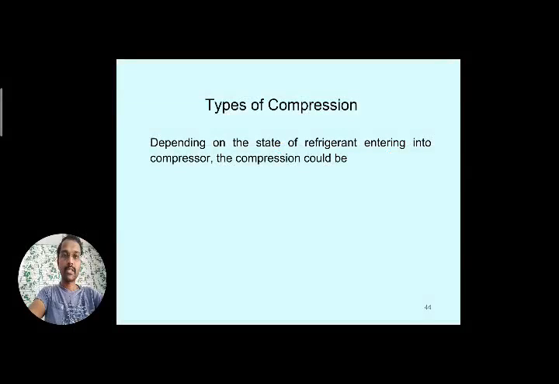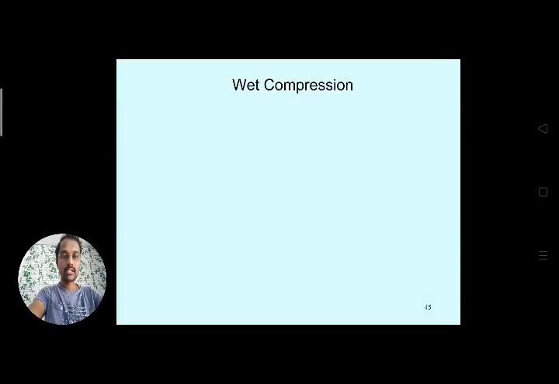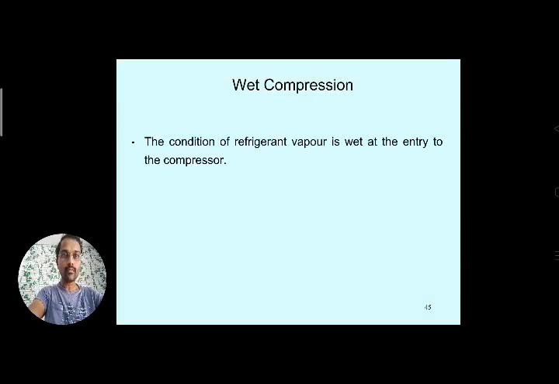So here the compression could be wet compression or dry compression. First is the wet compression. The condition of the refrigerant vapor is wet at the entry of the compressor.